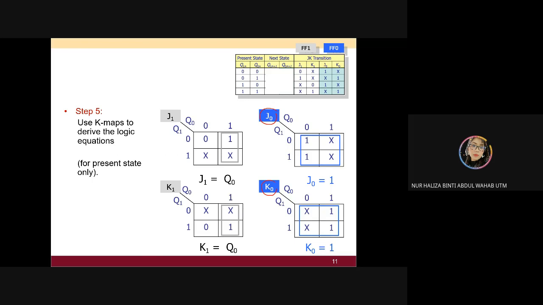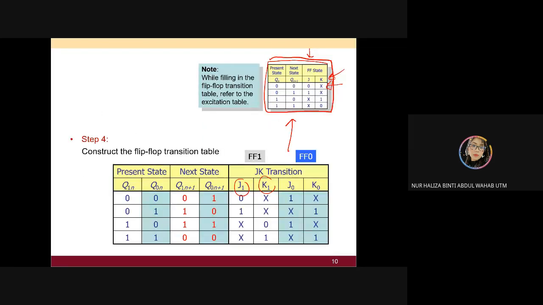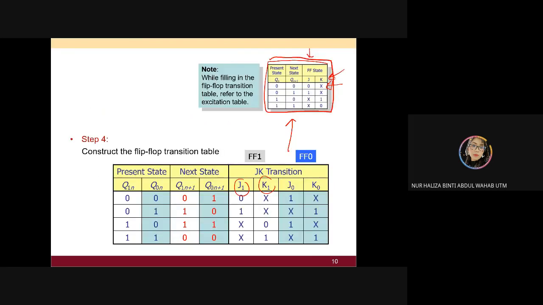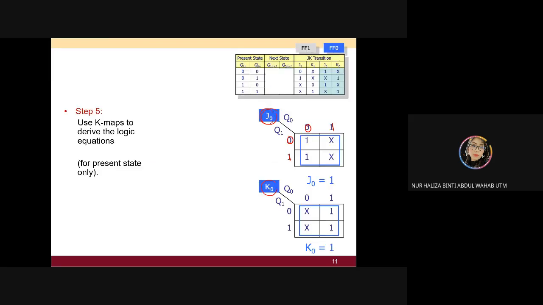Okay, you have over here the conditions of 0, 1, 0, 1. And then you have the Q1, right? This one is J0, referring to this one. J0, you're going to have 1x, 1x, referring to your Q0, 0, 1, 0, 1. And then you have another one, Q1. But for this, it's going to refer to your present state only.